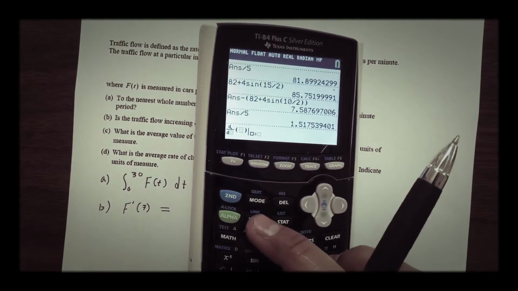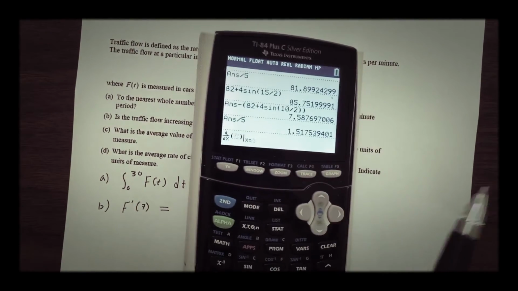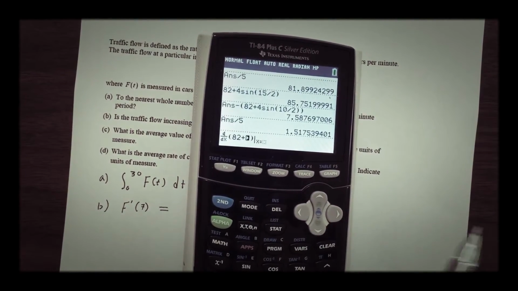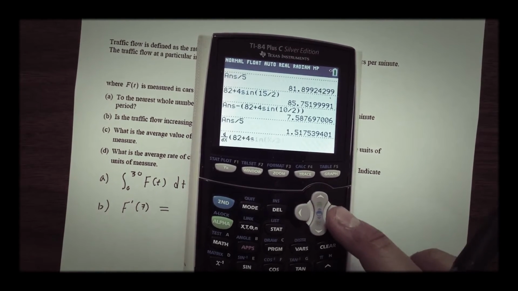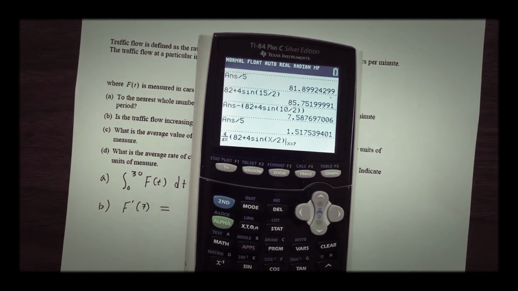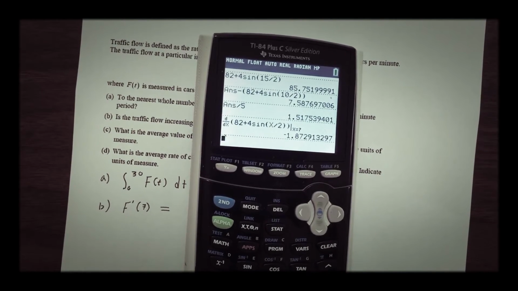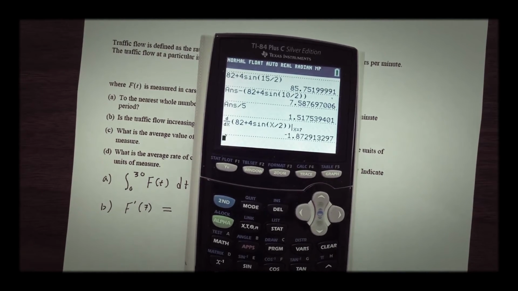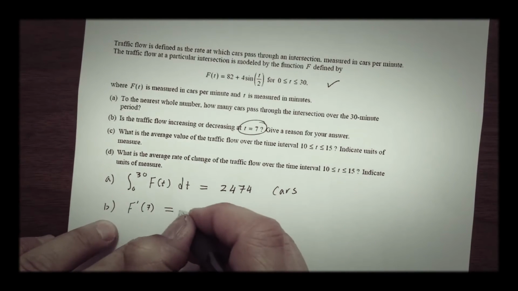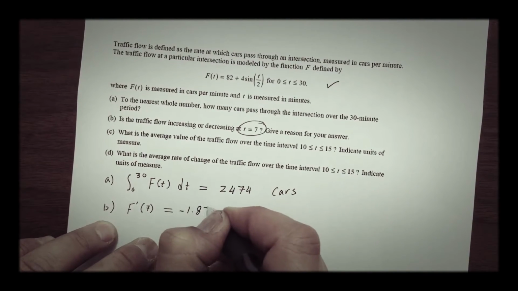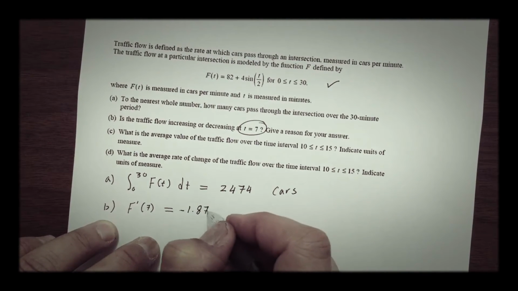The derivative with respect to x of this function, which is 82 plus 4 sine of x divided by 2, and then we want to evaluate it at 7. And let's see what we get. We get a negative number, negative 1.873.